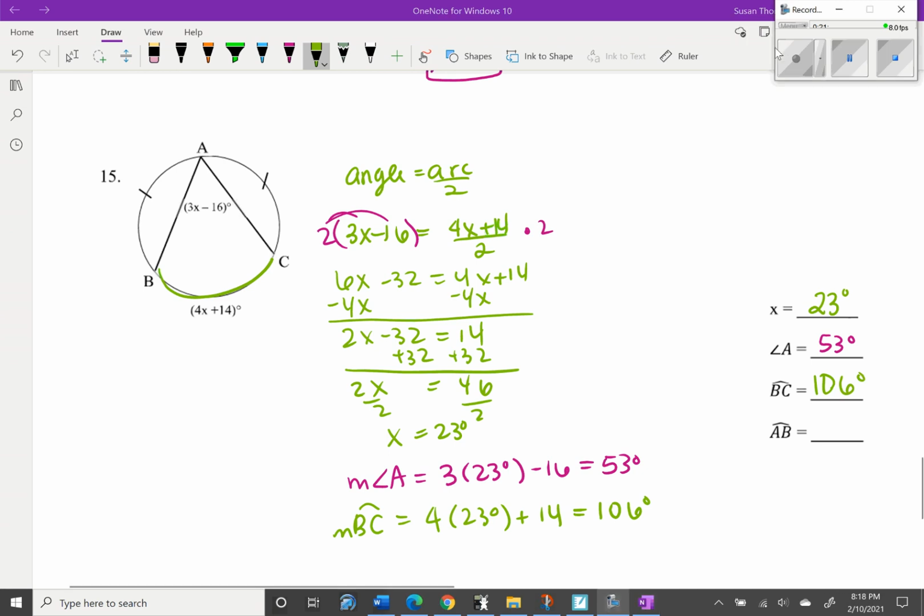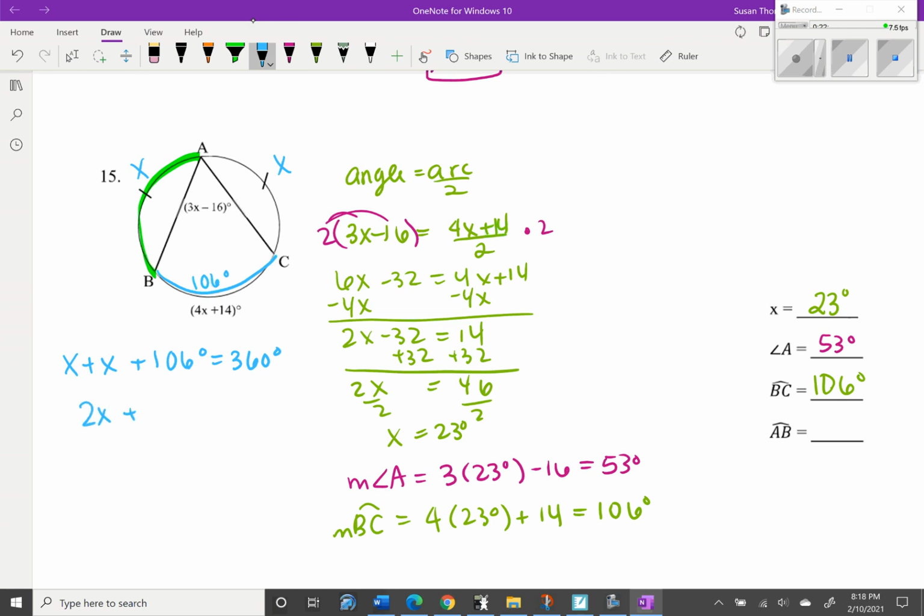And lastly, we want to solve for arc AB, which is here, but we know that this arc measure and this arc measure are equal. So we know 2x plus BC, which we just said was 106 degrees, should be equal to 360 degrees, because we know a full circle adds up to 360 degrees. So this gives us 2x plus 106 is equal to 360 degrees.